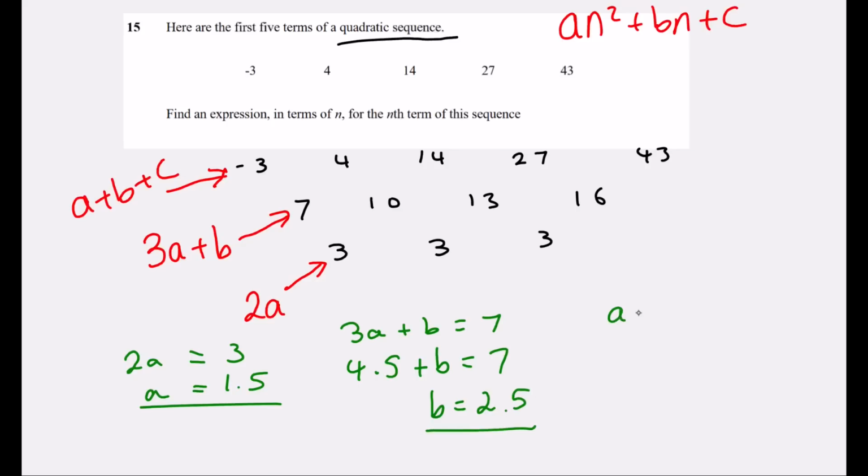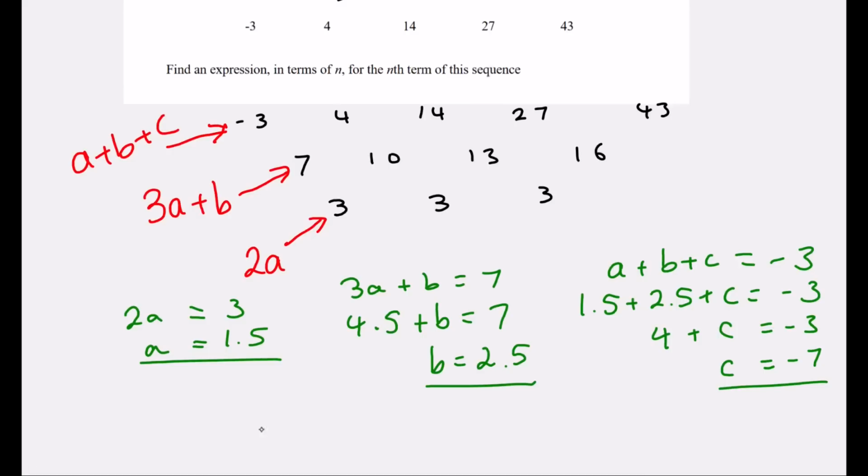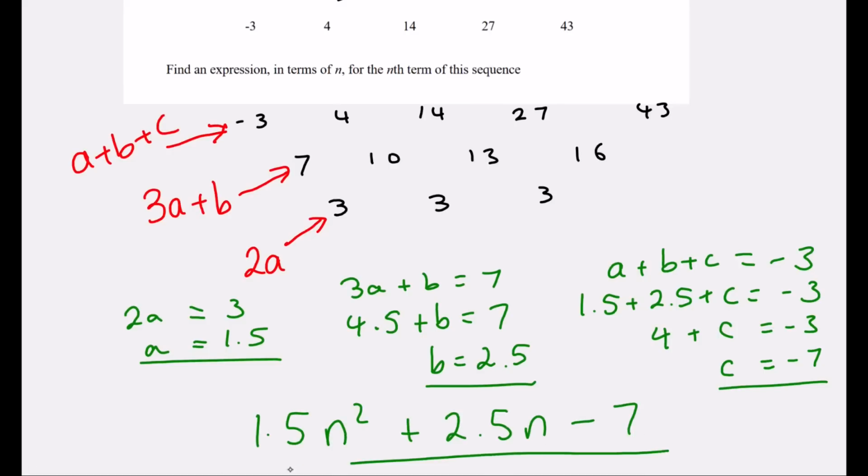And if a plus b plus c is equal to -3, 1.5 plus 2.5 plus c is equal to -3. 4 plus c is -3. c is -7. So we've got 1.5n squared plus 2.5n minus 7. And that is the nth term.